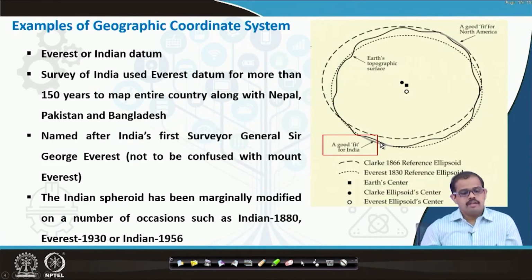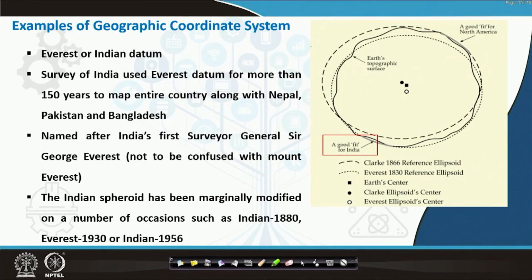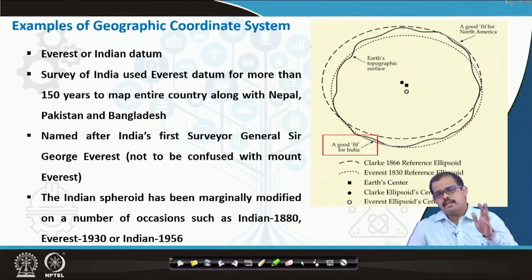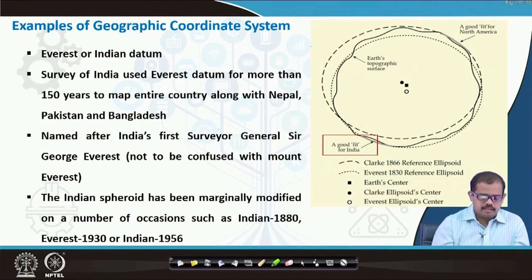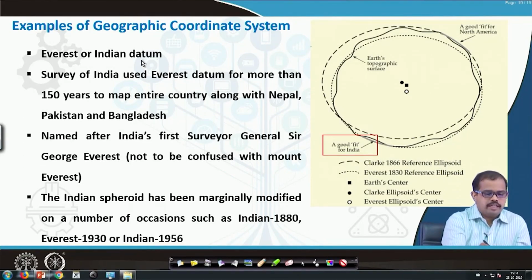Understanding this, we will also go into some examples of other geographic coordinate systems. The very basic geographic coordinate system for the Indian subcontinent, if someone has used some of the older satellite data products, used to come in the Everest or Indian datum system.